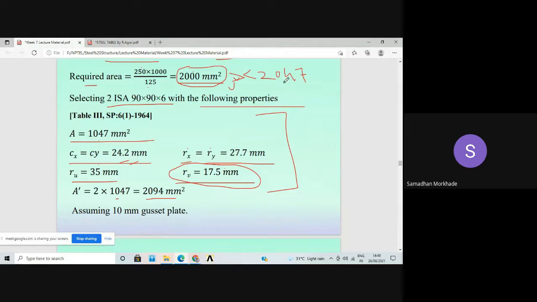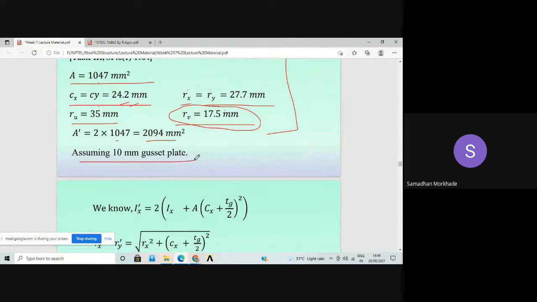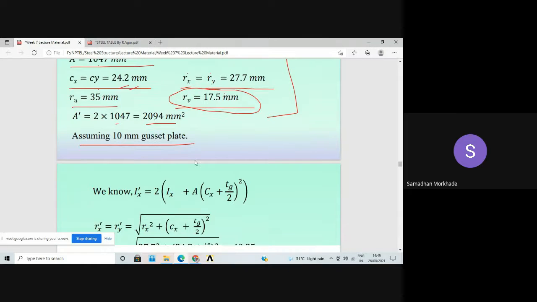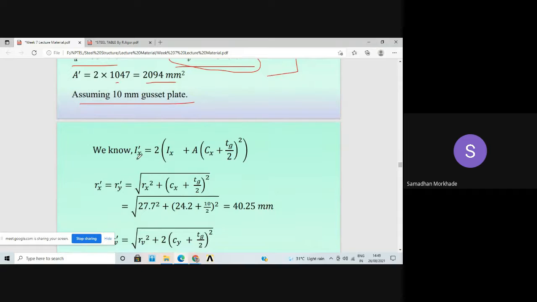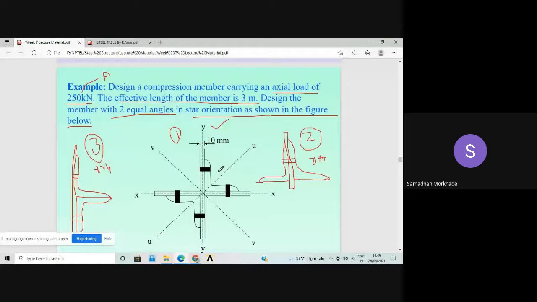Then for the gusset plate, assume either an 8 mm or 10 mm thick gusset plate. Then calculate IXX. This is for the built-up section. This is YY, this is XX. This is individual XX, this is individual XX. So there is a parallel axis distance that comes into the picture. Only VV is again different, only UU is single.